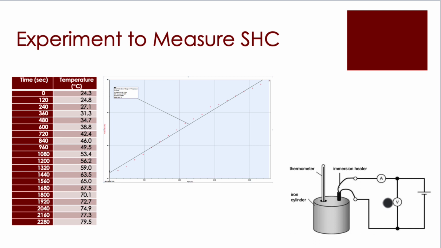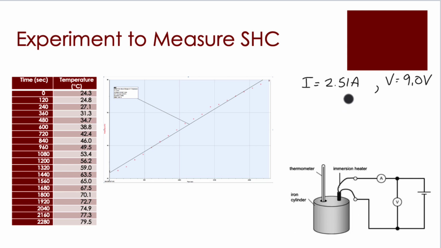Now, in this case, I had some values that I wrote down in an experiment I did. You can see the data here. Over time, every 2 minutes, I measured the temperature, and I've plotted my graph here. The ammeter told me that the current was 2.51 amps, and my voltage across the immersion heater was 9 volts.